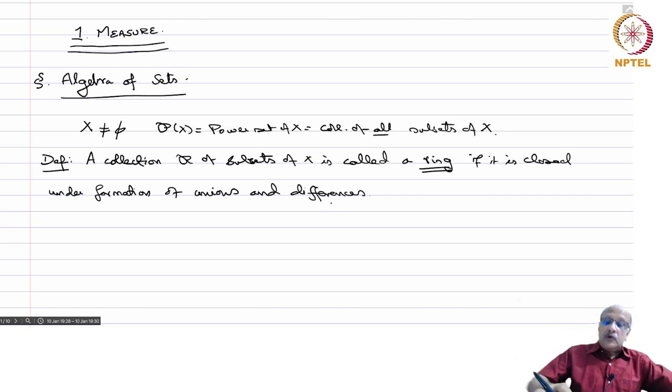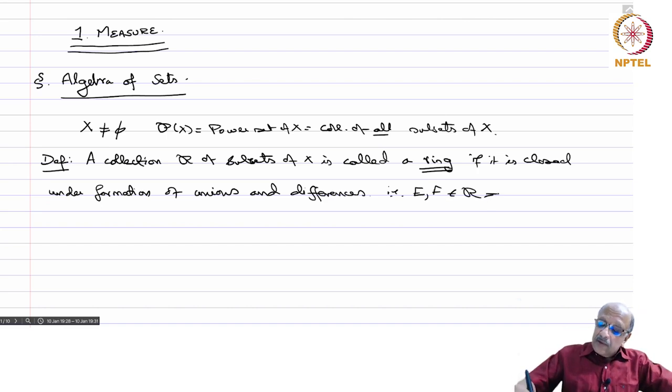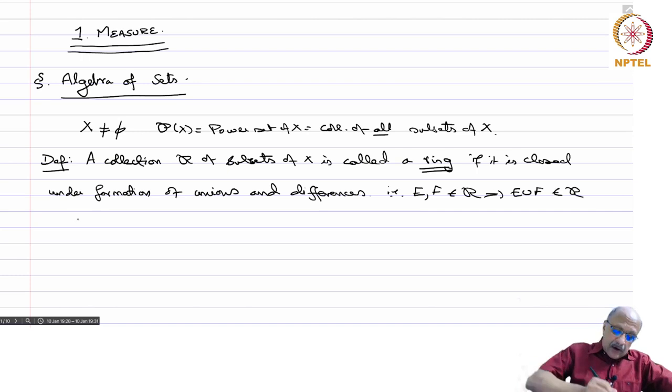Because we wanted to put together sets, take away some sets and so on, therefore where the measure is going to be defined should be defined on a collection which is closed under these operations. That means if E, F belong to R, then this implies that E union F should belong to R, and also E difference F belongs to R. Okay, this is the set theoretic difference of the two sets.